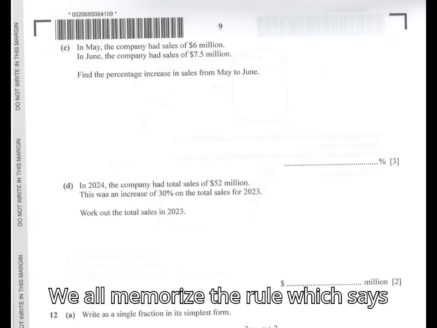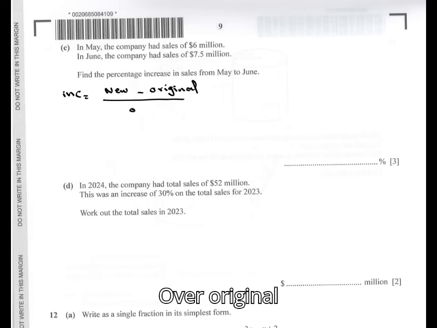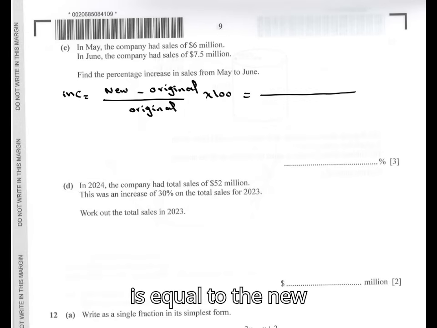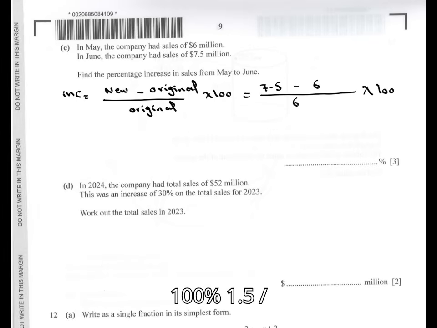We all memorize the rule which says the percentage increase is equal to new minus original over original times 100, which is equal to 7.5 million minus 6 million over 6 million times 100%. 1.5 divided by 6 times 100, which is 150 over 6.